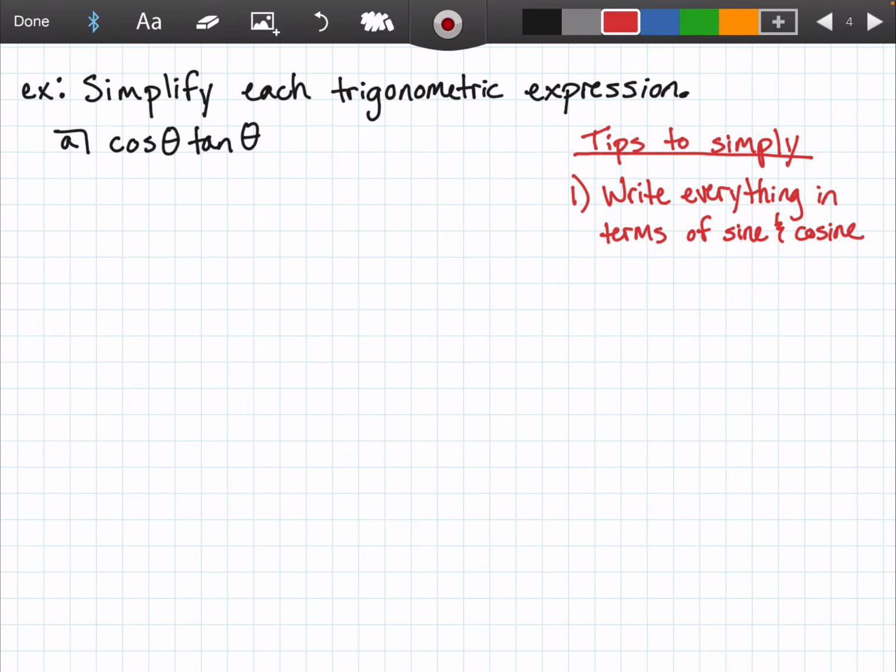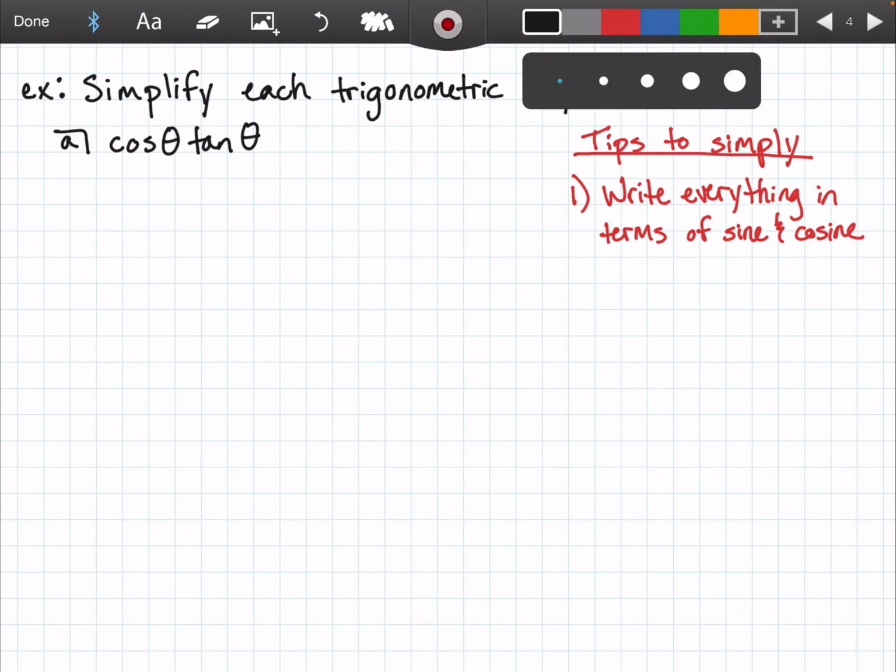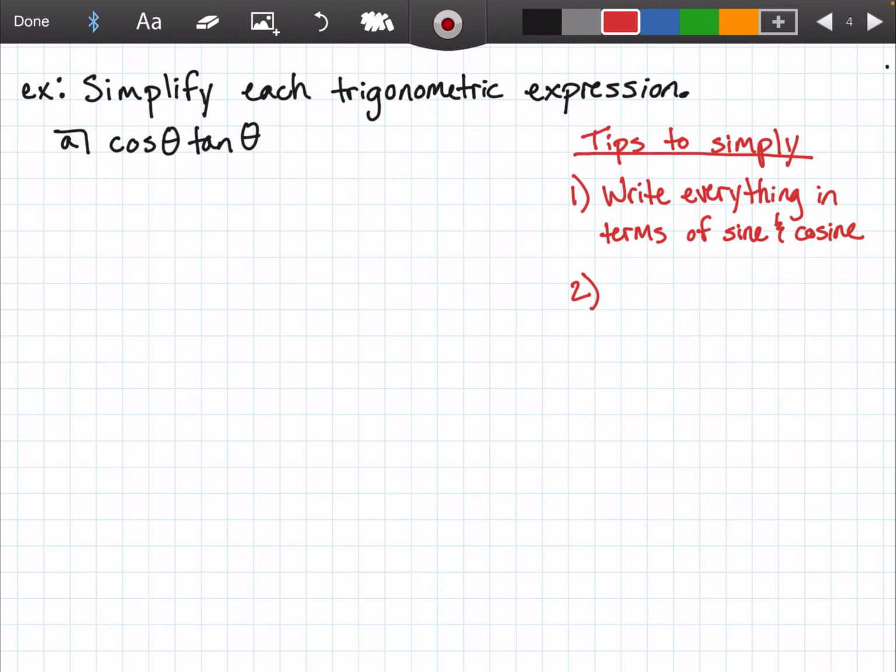Tip number 1 for you is to write everything in terms of sine and cosine. So let's take a look at part A here. I'll give you another tip while I'm at it. So you write everything as fractions.